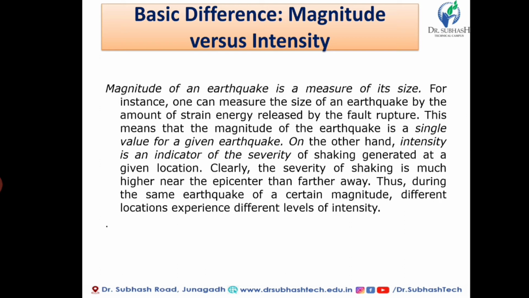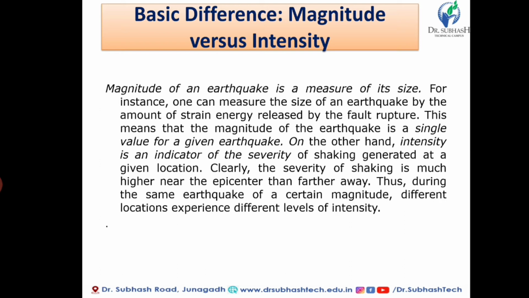But on the other hand, intensity is an indicator of the severity of shaking generated at a given location. Clearly, the severity of shaking is much higher near the epicenter. When we travel further away from the epicenter during the same earthquake, with a certain magnitude, different locations experience different levels of intensity.